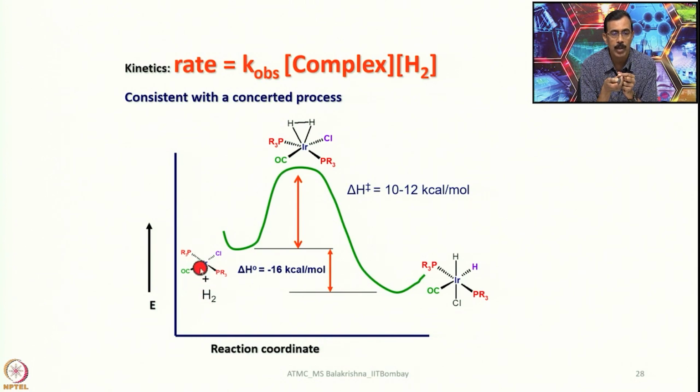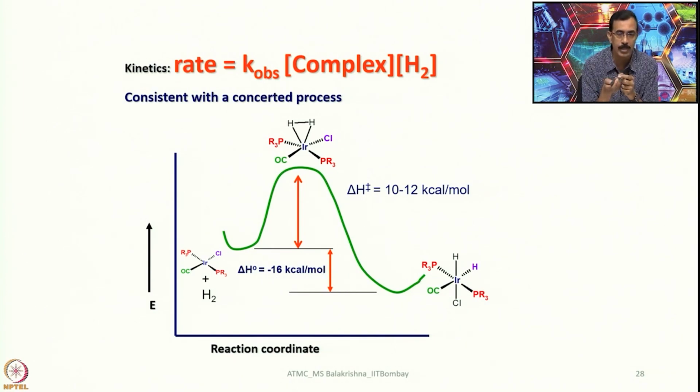To start with, we have the iridium 1 complex, and after H2 is added, it forms a transient species where it is a neutral ligand binding through these 2 electrons between 2 H atoms. The enthalpy for this is about 10 to 12 kilocalories per mole, and once oxidative addition is completed, we get this iridium 3 complex. This is quite stable and the difference is about minus 16 kilocalories per mole.